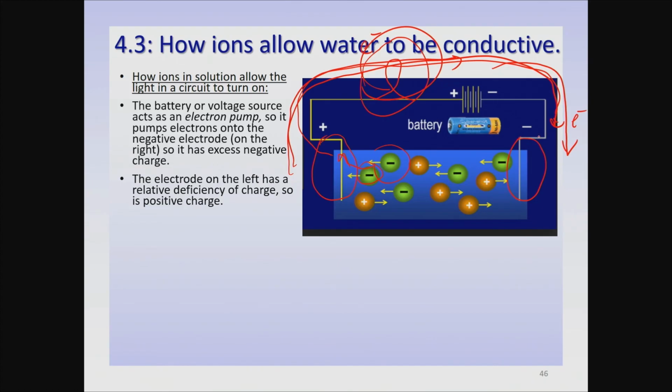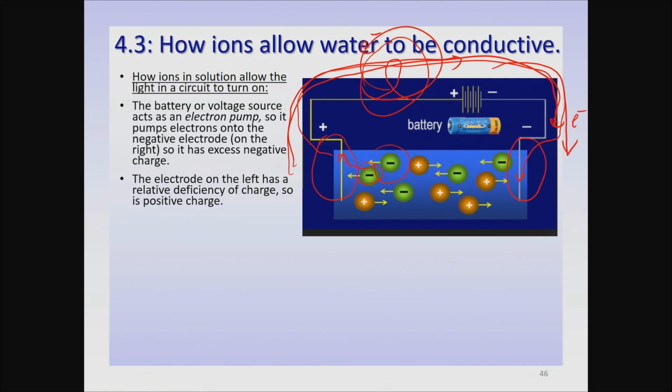Now, at the same time that you're replenishing electrons into this electrode by negative ions, on the other electrode, you have to have ions that take away the excess electrons that are building up. And those ions that do it are the positively charged ions. The positively charged ions will meet up with this negative electrode, and they will collect the electrons that are going into this negative electrode. And when they do that, they're no longer positive.